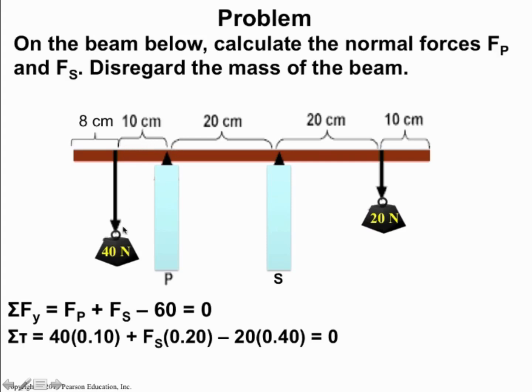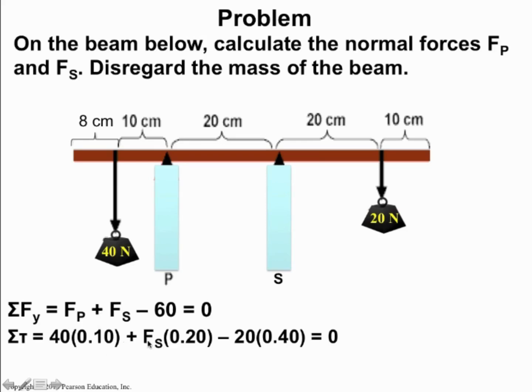And 40 times 0.10 would be a torque. If this could move, it would move in a circle that I'm tracing now with the mouse arrow. If it could move, this 40 newtons would be tending to cause a counterclockwise rotation. And since that rotation is counterclockwise, we have a positive torque.